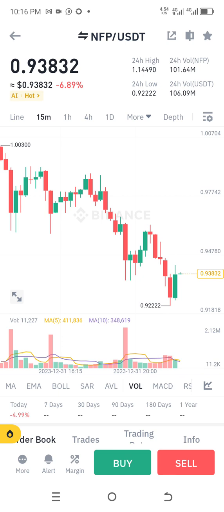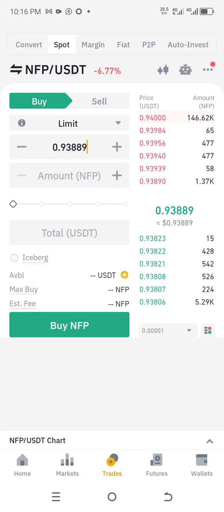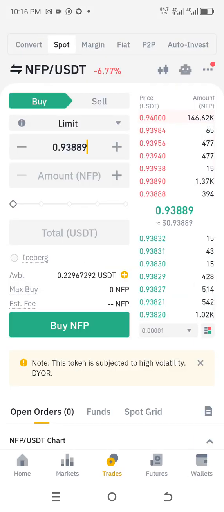So at this very time, what you're going to do is click on buy, and as I said, place your bet below this very volume at minus 2%.